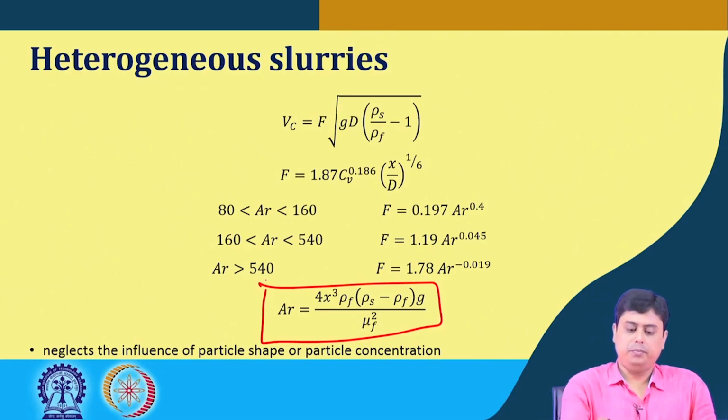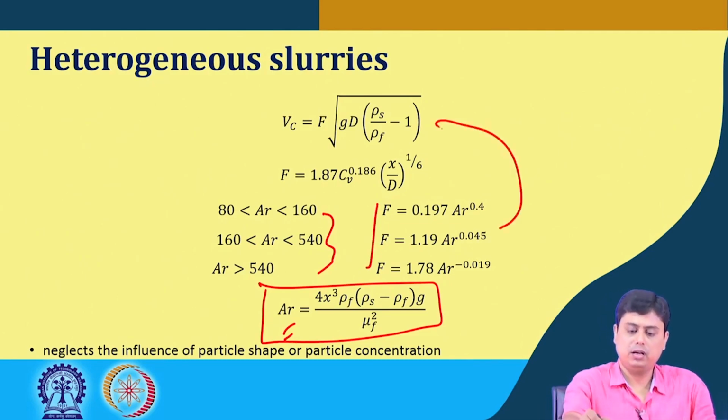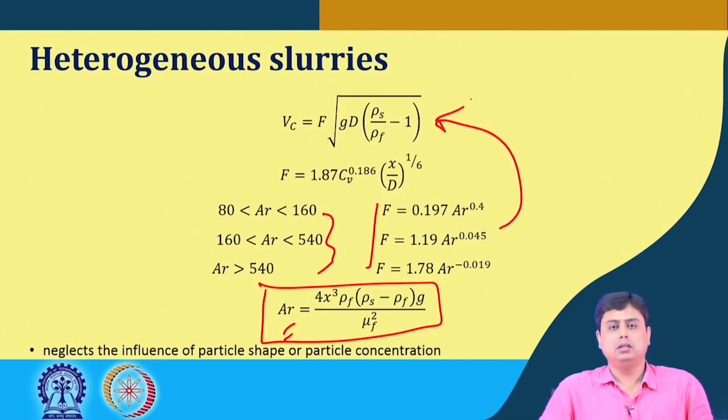So, here depending on the range of this Archimedes number, the F has been estimated, which goes here to help us calculating the value of critical deposition velocity, above which the operation should be there.